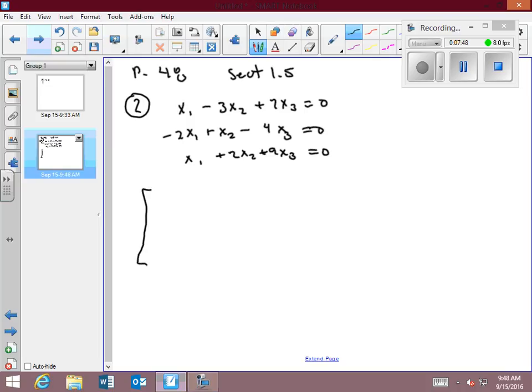So our augmented matrix would be, and then we're just going to go through the process of echelon and reduced echelon if we have to get that far.